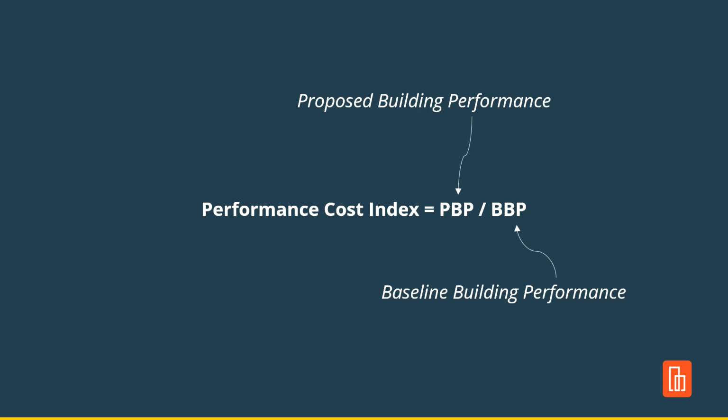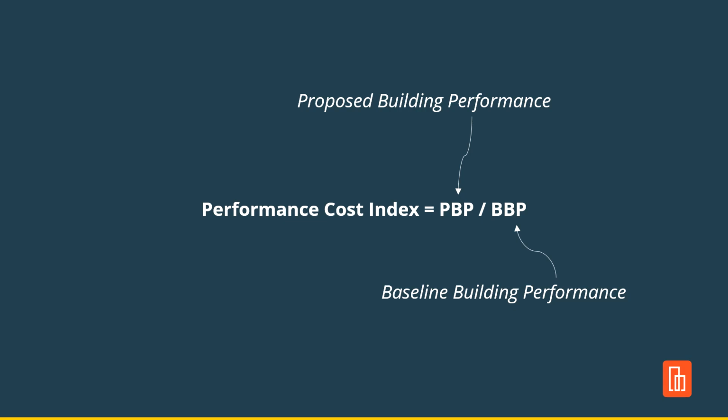Now, I always find I have to check myself when I look at this stuff because these terms are very, very confusing to me. The fact that performance is mentioned in proposed building performance and baseline building performance, that performance term should be cost. It's based on energy, yes. It's based on dollars at the end of the day. So I do get thrown by the use of this language here.